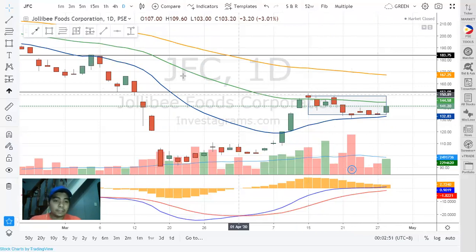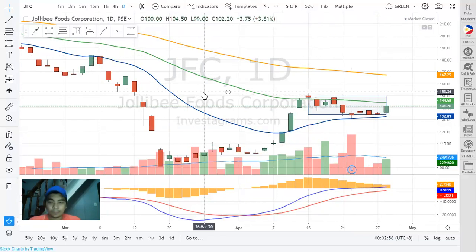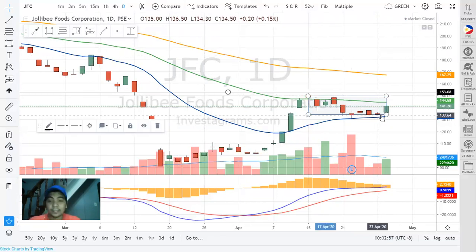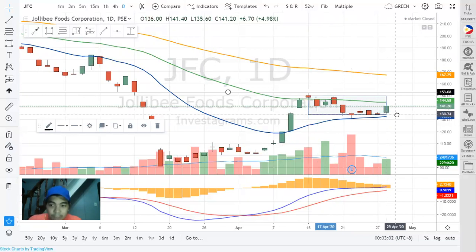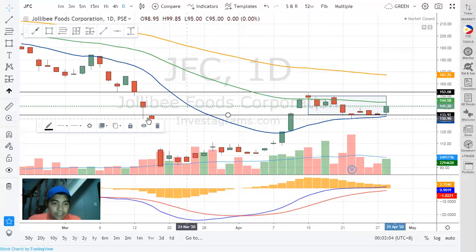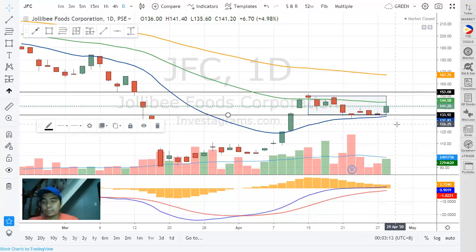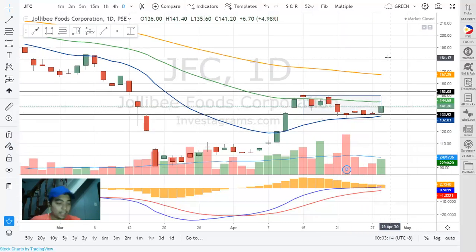So we can consider somewhere between these lines, and the support line still here, because if it went down at this point, you can see there are two connecting lines we formed here, right at this point as well. So you might as well take a cut loss or wait for the stock to bounce back again.